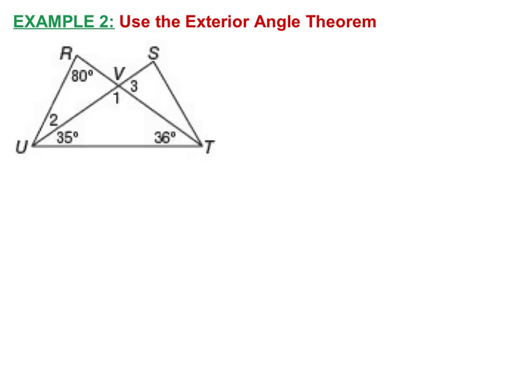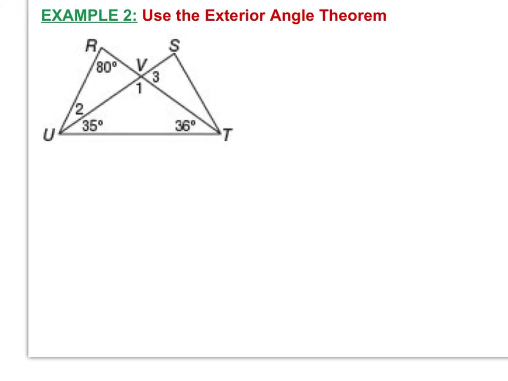Angle 1 is the name of an angle, not the measure of an angle. Here's a little more complicated figure. We are going to find the measure of each missing value. First we can find angle 1. Angle 1 is interior to triangle VUT. So angle 1 plus 35 plus 36 is equal to 180 degrees.